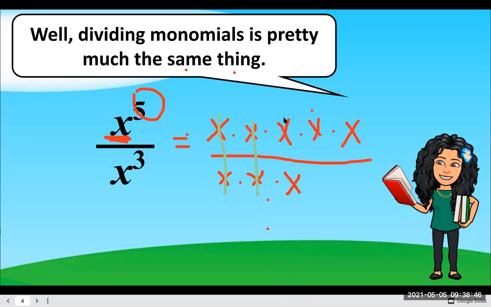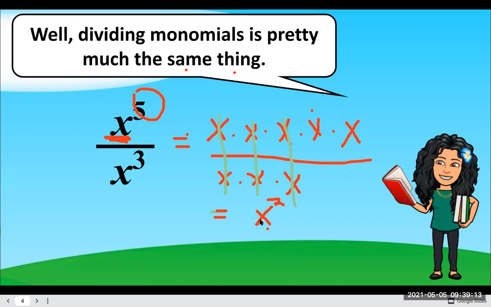And this x divided by this other x is canceling out. The other 2 cannot be canceled because there are no more x's. So the answer will be x to the 2nd power. Why? Because we're multiplying x times x twice, which is the same thing as x to the 2nd power.